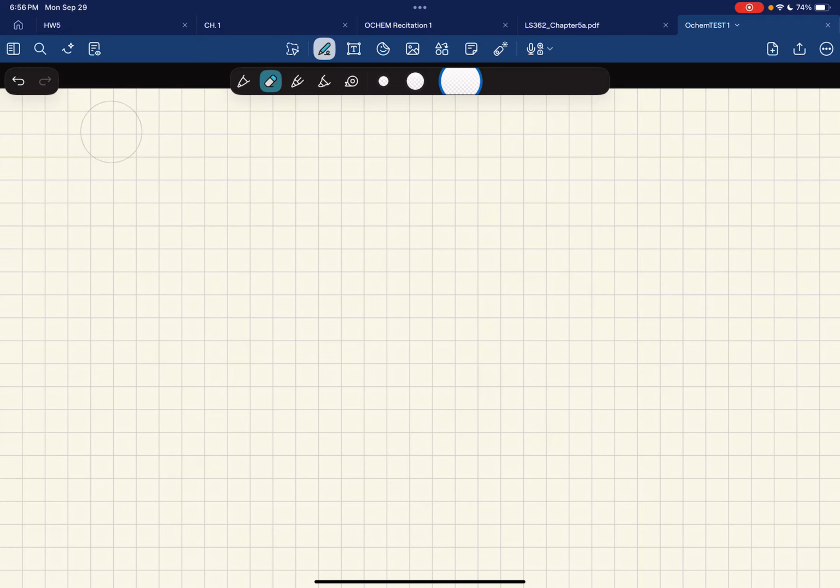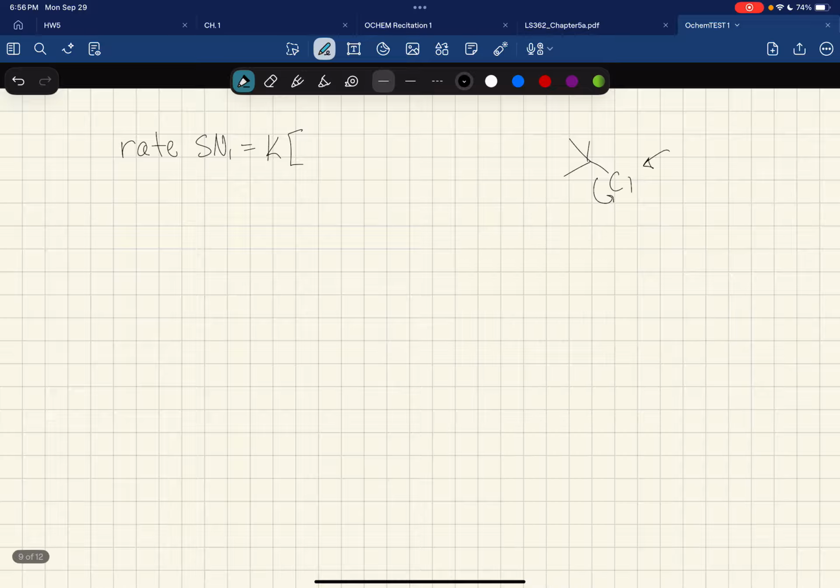So, as a general rule, the rate of an SN1 will be k times the concentration of the molecule with the leaving group, so I'll label that A. So that will be the rate law for an SN1 reaction.